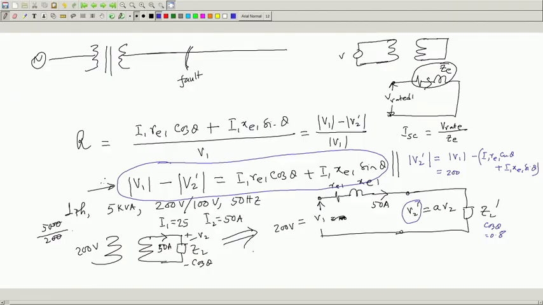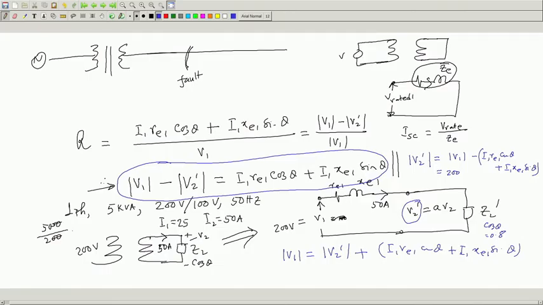But if I insist that when the load is connected, I want to get 100 volt, then how much should be the applied voltage? Then once again I will use this same formula, which is algebraic in nature, no phasor equation. So, I will then calculate V 1 is equal to V 2 dashed plus I 1 R e 1 cos theta plus I 1 x e 1 sin theta.